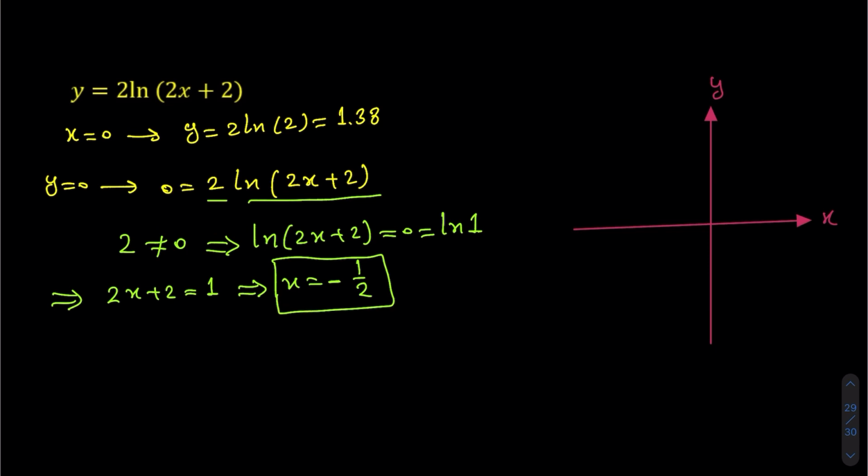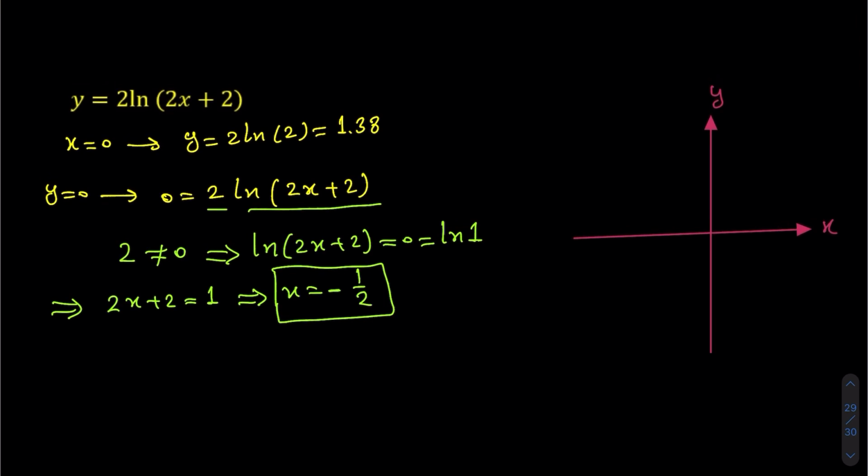Okay, so this is another point. Okay, so y is 0 and x is negative 1 over 2. So let me just mark the points that I have found here before I forget. So here, let's say here is 1.38 and 0, where x is 0 and y is here.